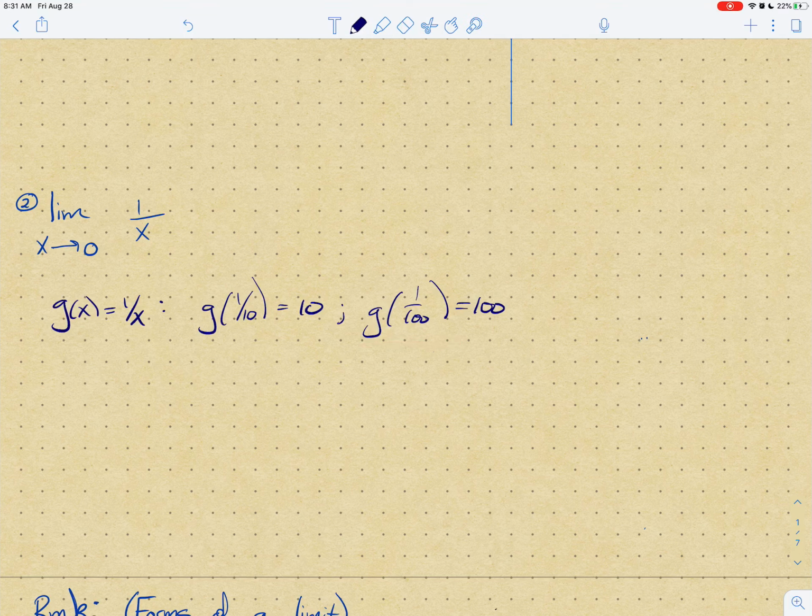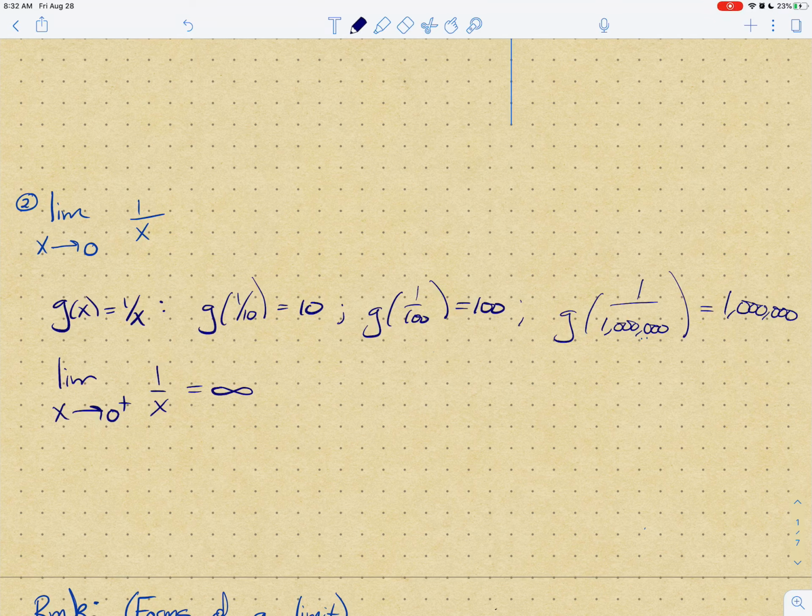If you want to get to 1,000,000, you just plug in 1 over 1,000,000, and it spits out 1,000,000. Any number that you want to hit, you just plug in 1 over that number. So clearly, the limit as x goes to 0, from the right this time, of 1 over x.